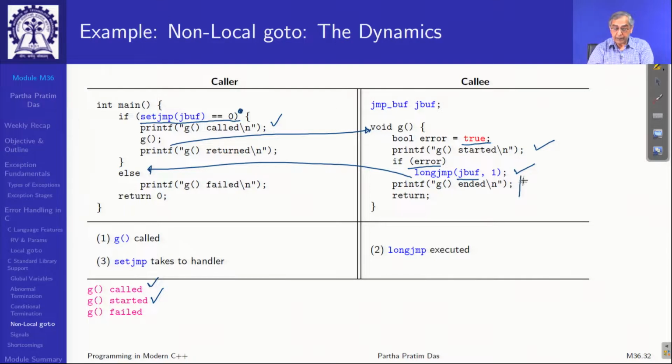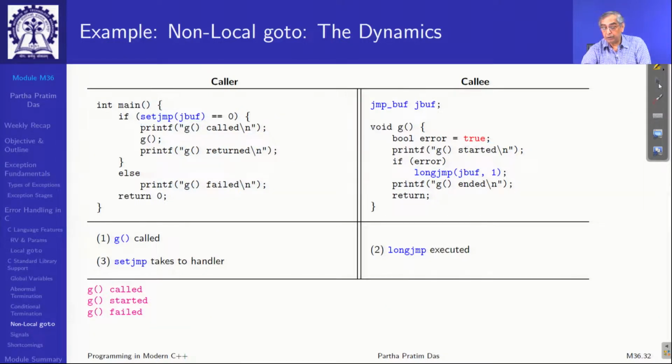So, this part of the function does not continue, and we say that function g has thrown, and only the failed will happen now. So, g called, long jump executed, and set jump takes to the handler. So, this is the basic mechanism of what is called non-local go to or set jump long jump.